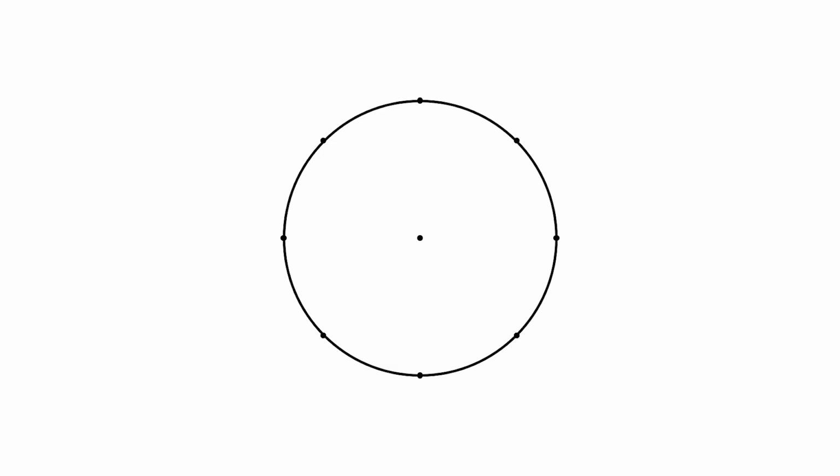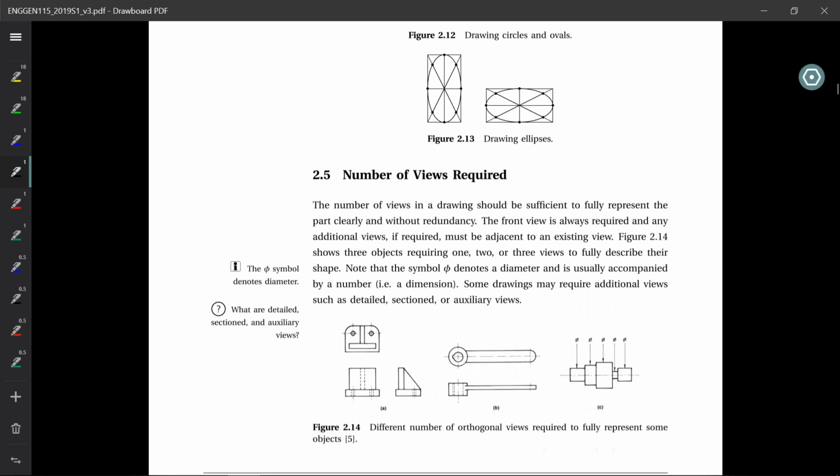Now the good news is this method can also be used to draw ellipses, as I mentioned earlier. And circular features or circles appear as ellipses in isometric views as well. So it's a good idea to learn how to use this box construction method. Finally, we'll talk about how many views we need to fully represent a part or a shape.